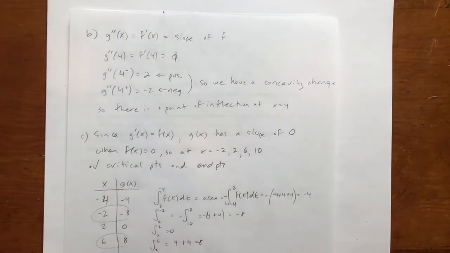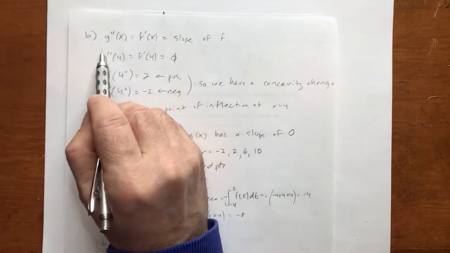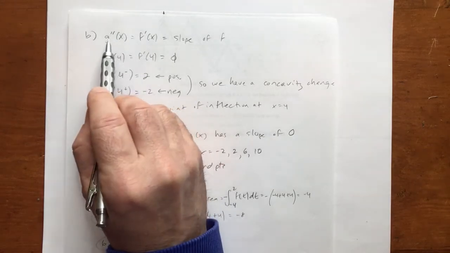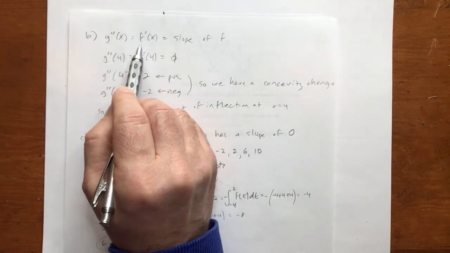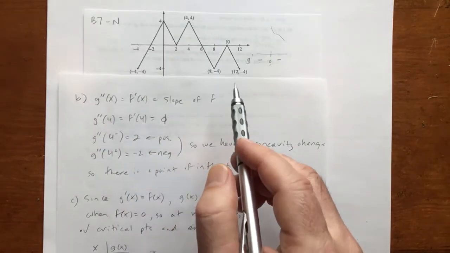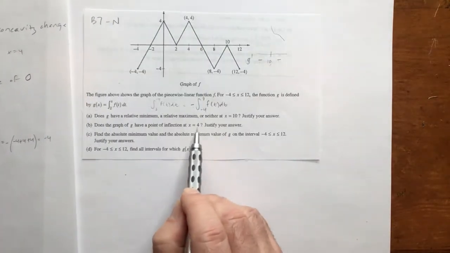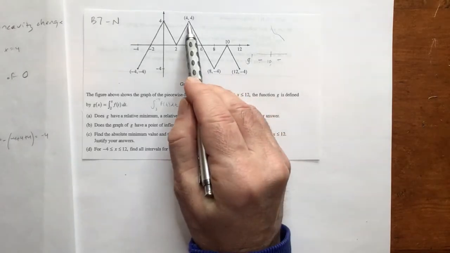On part A, we talked about how the derivative of g was the y value of f. Well, that means the second derivative of g is the first derivative of f, and that's really easy. The first derivative of f is just the slope at any given value. And we're being asked about x equals 4. So that's our point right here.